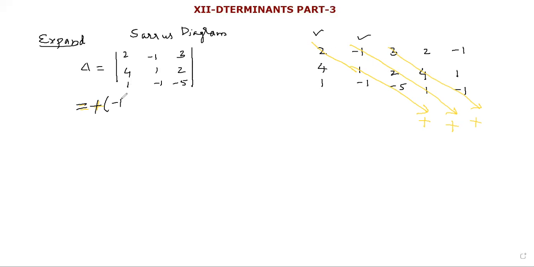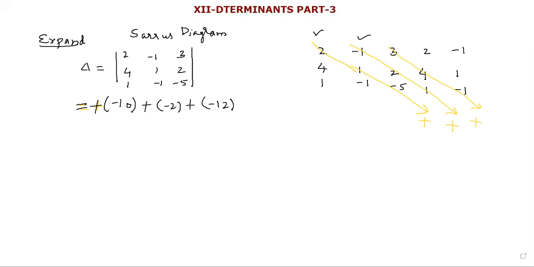So we get minus 10. Then plus, multiply minus 1 into 2 into 1, so that will be minus 2. And then multiply 3 into 4 into minus 1. You get 3 fours are 12 and minus 1, so minus 12.